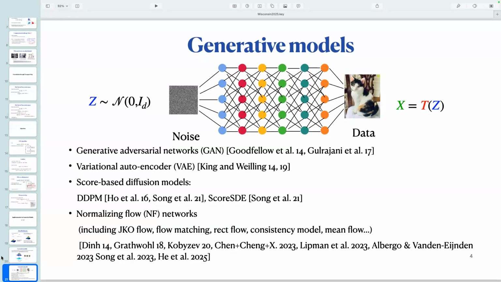This transformation is learned and represented using a neural network that can capture the complexity of my data distribution. If I can do this, then I can take a sample of noise and convert it into a sample of a cat. And by the way, this is my cat.